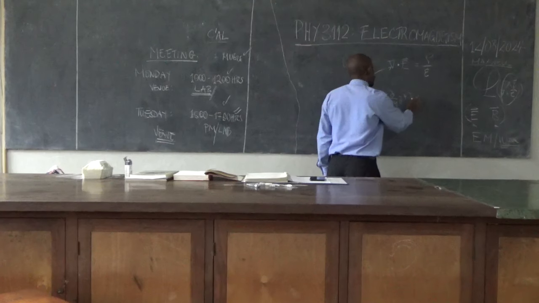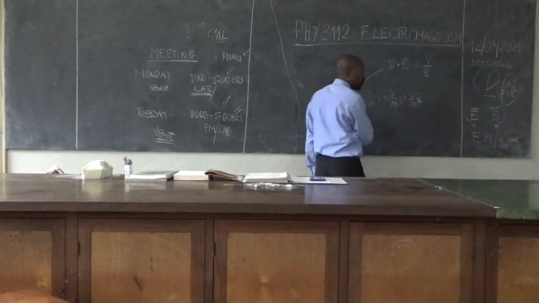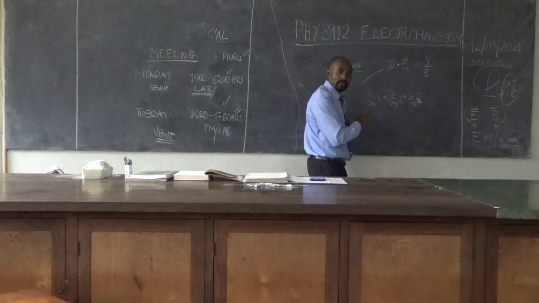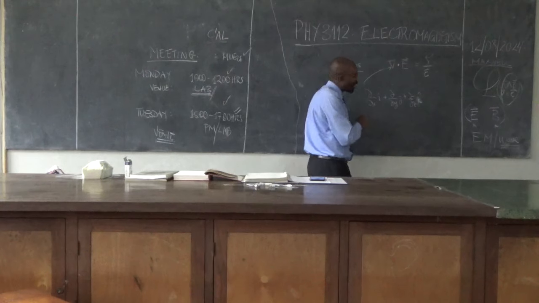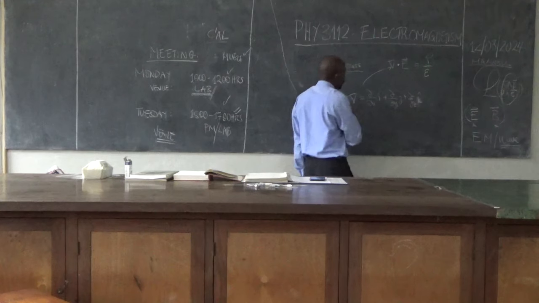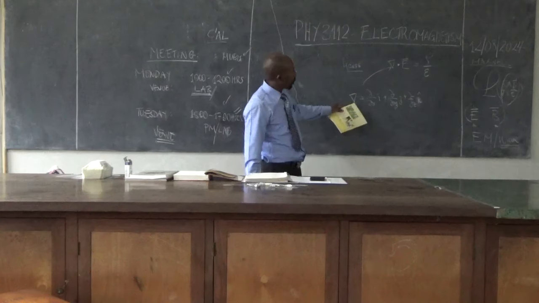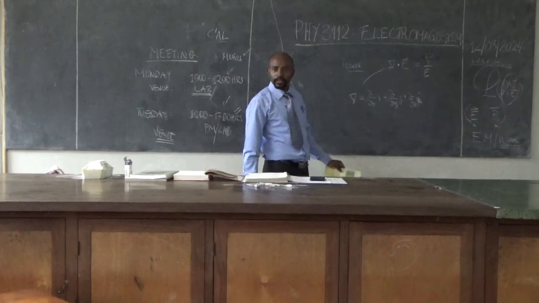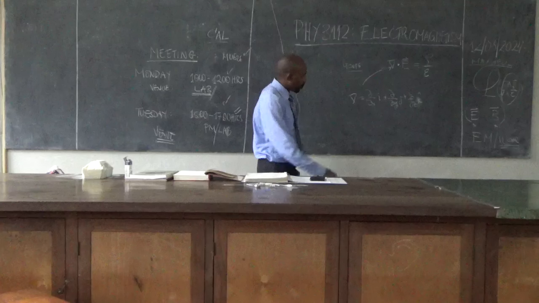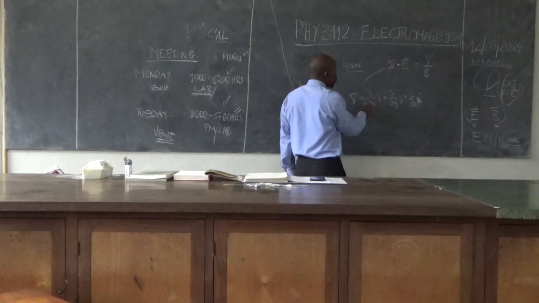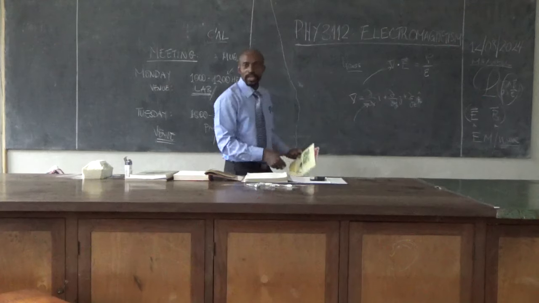This should be k. I'm sure you no longer argue with me about Z because you had the Gen Z of Kenya. You didn't hear them as Gen Z. So this is why we call it the differential form, and this is because of these partial derivatives.